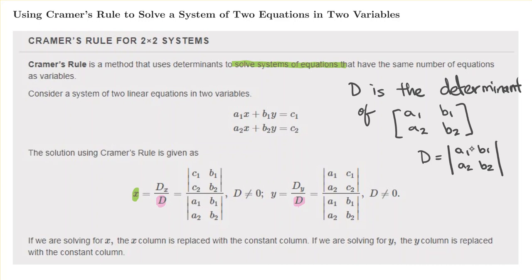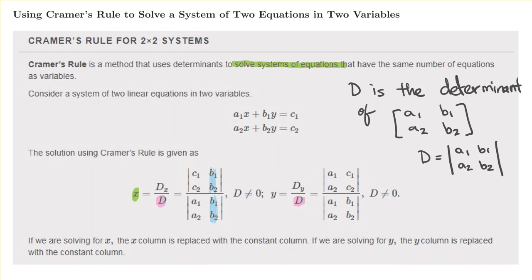Let's look at our original determinant. a1, a2 is the first column, b1, b2 the second column, and notice what has changed here. While the second column remains the same, in both cases we have b1, b2 as the second column here. Okay. Do we see that the first column has changed? Instead of a1, a2, which is the original first column, we have replaced that with c1, c2.